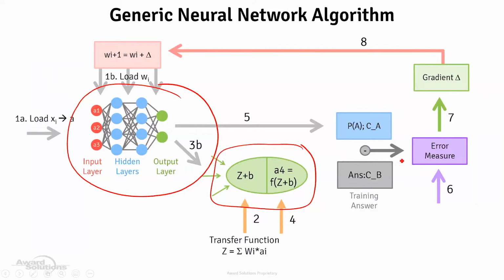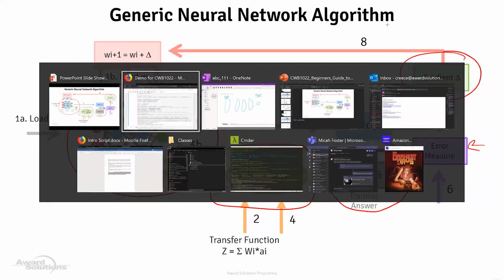I'm going to pick a weight, see how close I am, measure my error, adjust the weights, and go through this again. I'm going to go through this until either my results are acceptable or I just give up and run out of time. So let me show you this as an example.